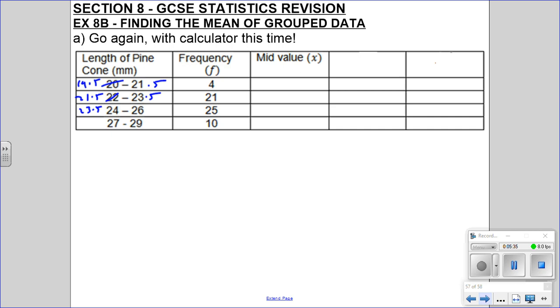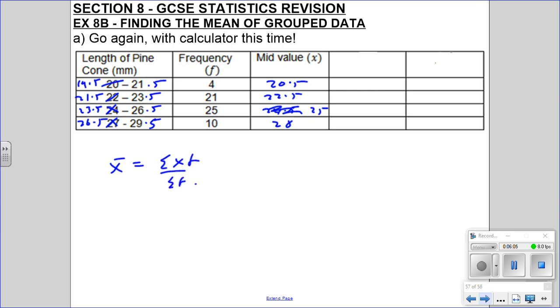So that has to be looked at before you do anything else, just as standard. And therefore, we've got our midpoint values, which we found before. So there's 20.5, 22.5, 25, and 28. And we know that x bar is the same as sigma xf all over sigma f.